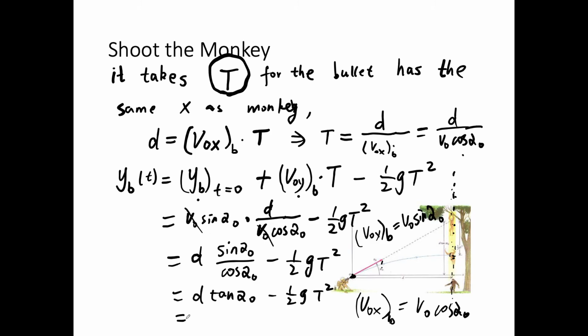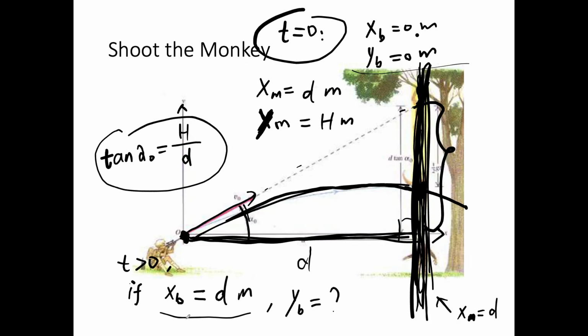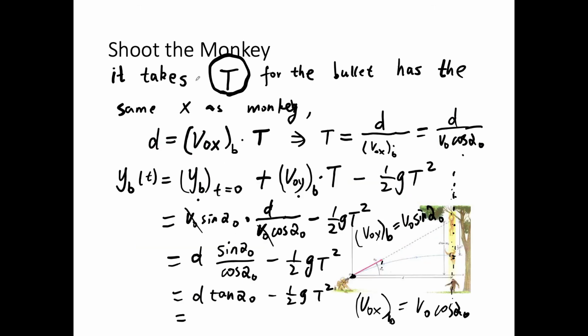What is d tangent alpha 0? If we multiply by d on both sides of the equation I circled, we find d tangent alpha 0 is just h, under the condition that the rifle is directly pointing to the monkey when the hunter fires, right? d tangent alpha 0 equals h.